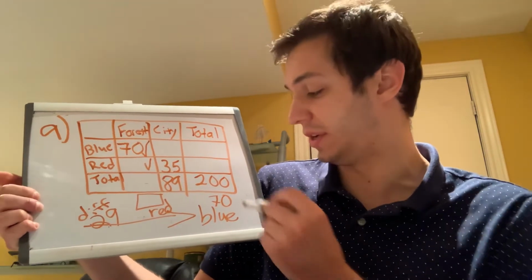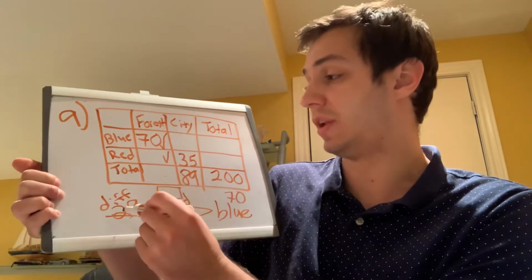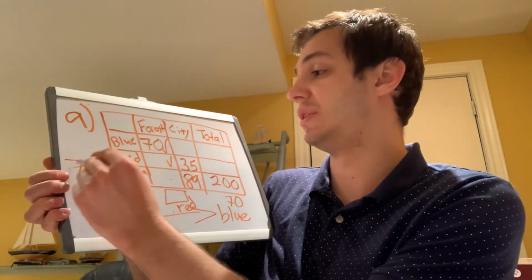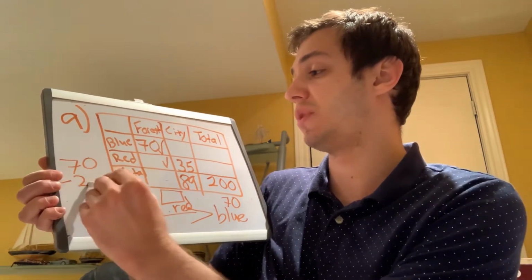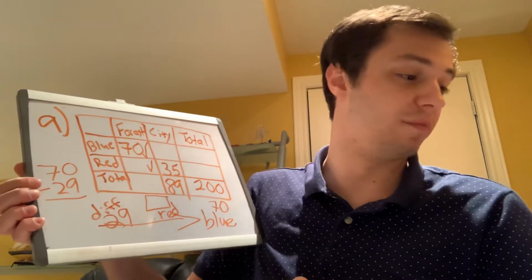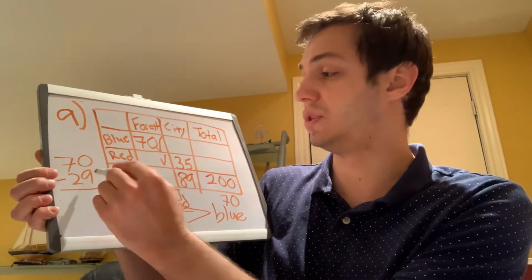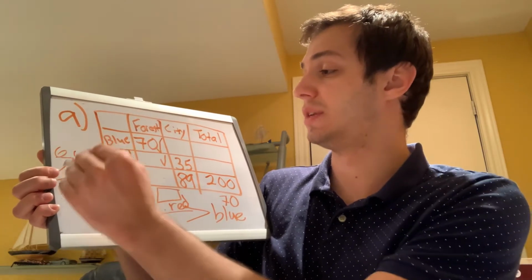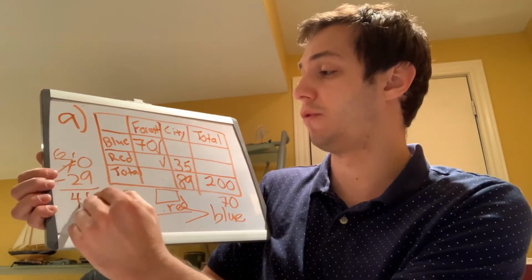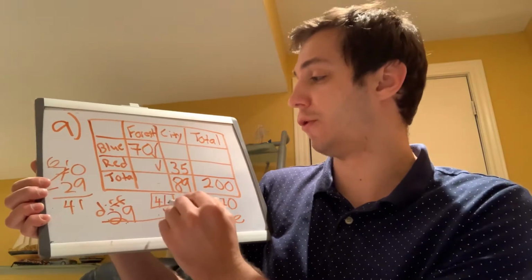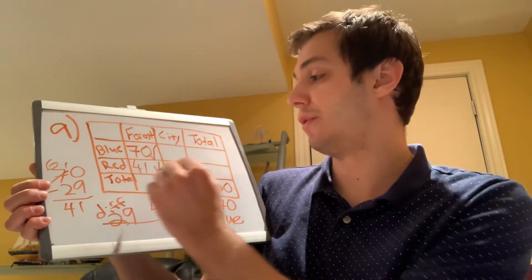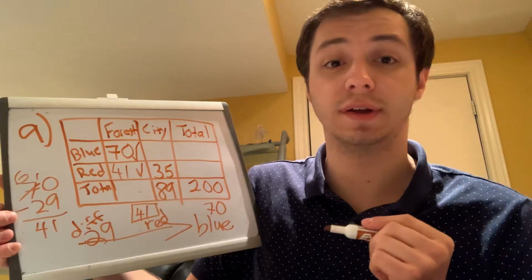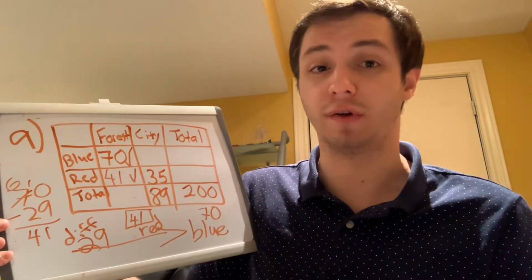So what I have to do is subtract 70 and 29. So 70 minus 29 will give me, right? I can't do 0 minus 9, so I'm going to have to borrow. 10 minus 9 is 1. 6 minus 2 is 4. So we know that there were 41 redbirds in the forest. And that's all we have to solve for.